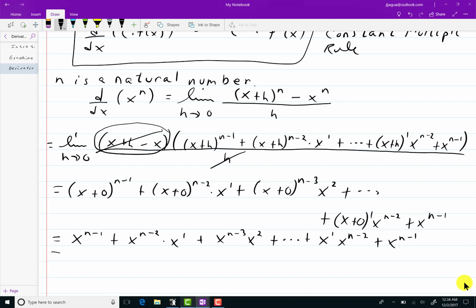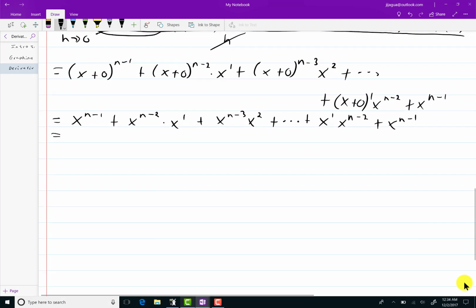Let me change this h here back to a 0. That's what it should have been. You can see that when I multiply these two together, I'm going to get x to the n minus 1 because you add the exponents.